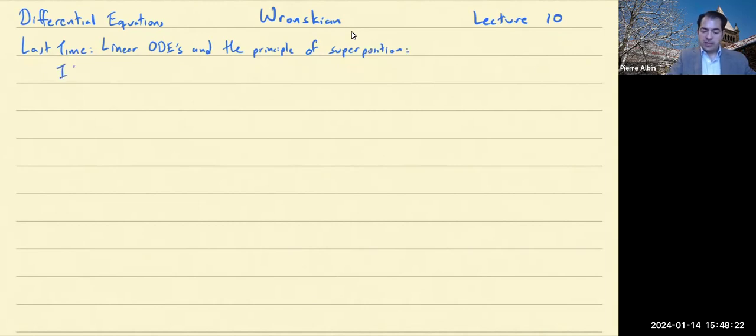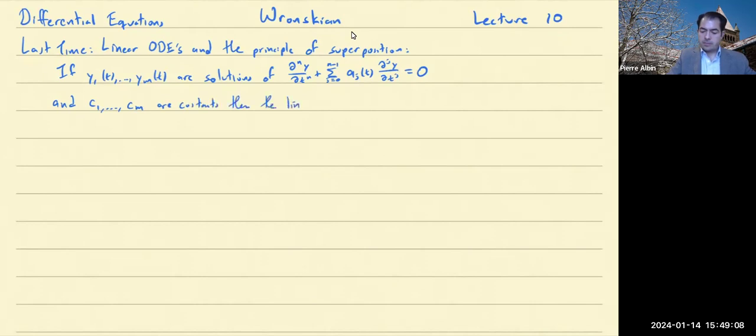The principle of superposition says that if y1 of t through ym of t are solutions of a linear homogeneous ordinary differential equation, and you pick any constants, then the linear combination y of t is c1 y1 of t plus dot dot dot up to cm ym of t is also a solution.